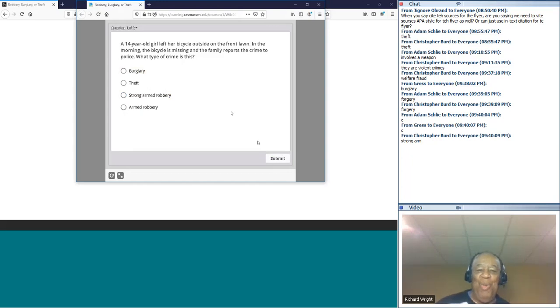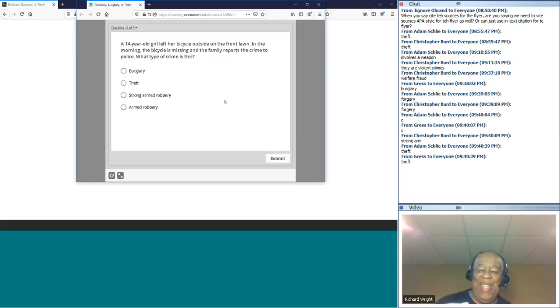A 14-year-old girl left her bicycle, this is a tricky one, on the front lawn. In the morning, the bicycle is missing, and the family reports the crime to the police. What type of crime is this? All you guys say theft.